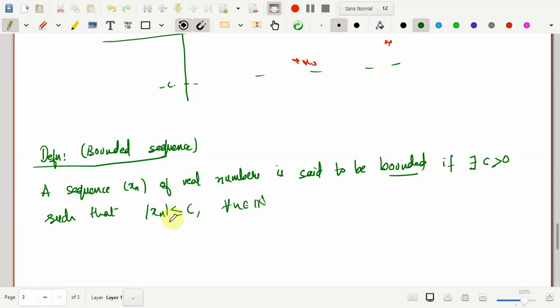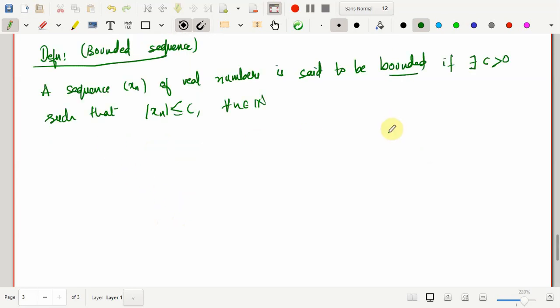That is, each term xn can be made less than or equal to C, or greater than or equal to minus C. Using the property of modulus, this is the same as saying xn lies in the closed interval minus C comma C.